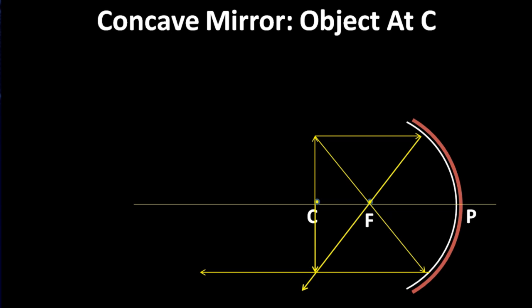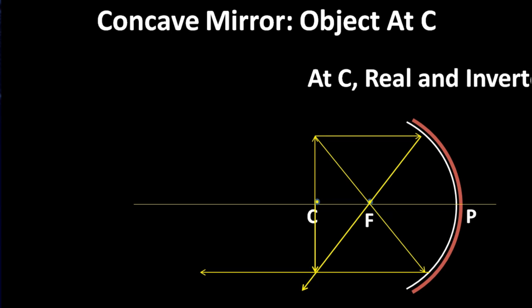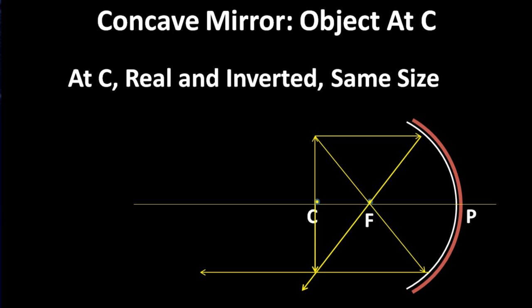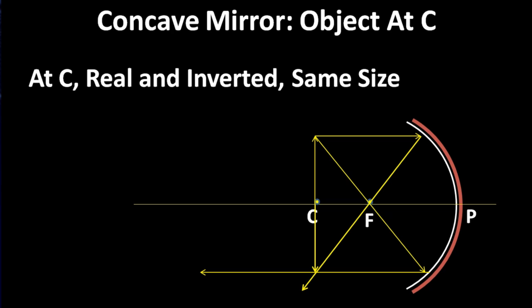So, when the object is kept at C, the position of image is at C, nature is real and inverted, size is the same as the object. It's important to note that the center of curvature is the only position where object distance and image distance are the same. It is the only position where the object height and image height are the same.